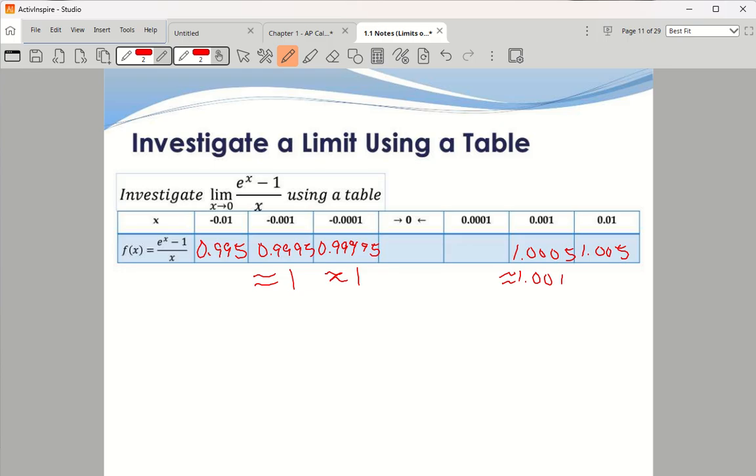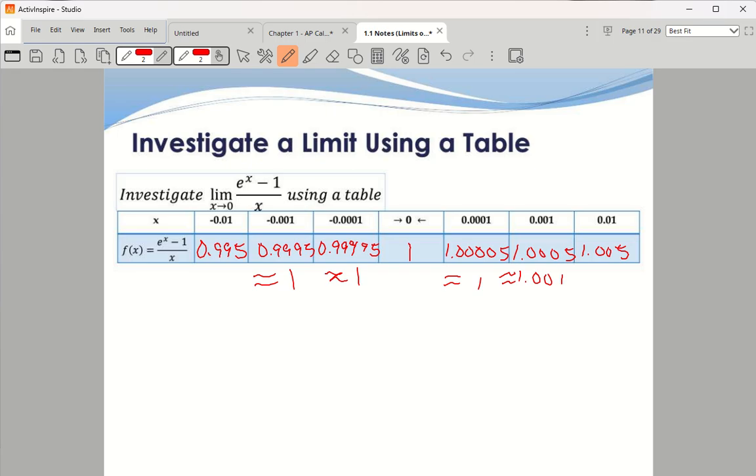Next one is going to be 1.00005, right? Okay, so that's going to approximate to 1. So both the left side and the right side are going to 1. As it's getting closer and closer from the left side and the right side, they're both approaching 1.